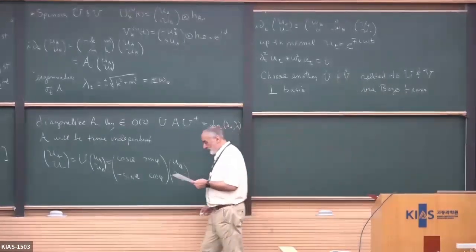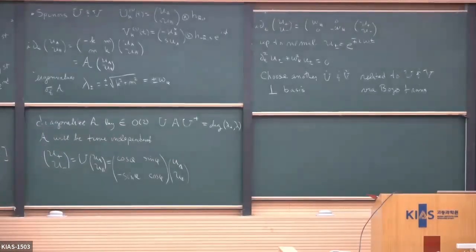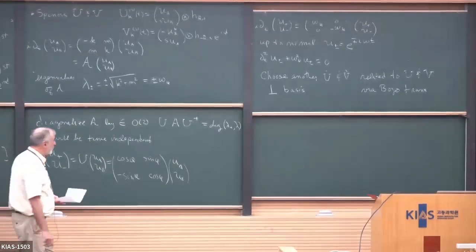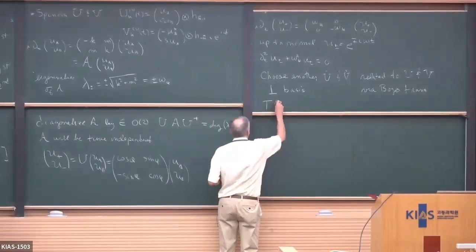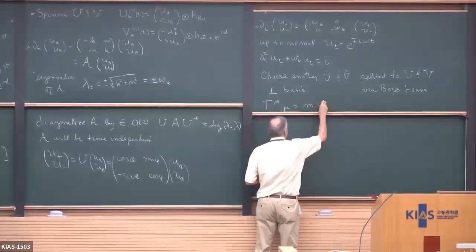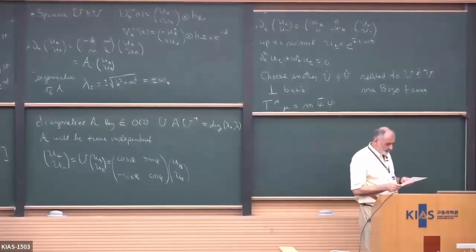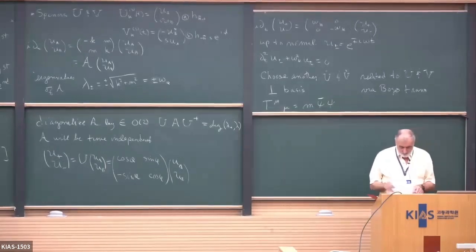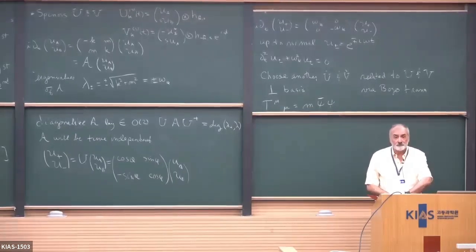We can calculate the stress tensor by the Hilbert stress tensor and take the trace of it, and the trace of the stress tensor is M times psi bar psi. So the trace of the stress tensor depends upon the mass.